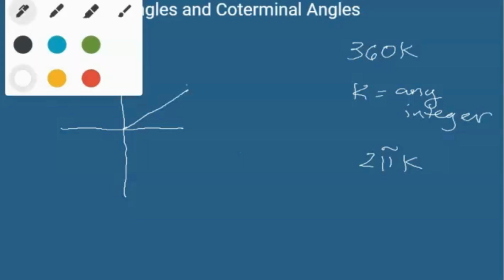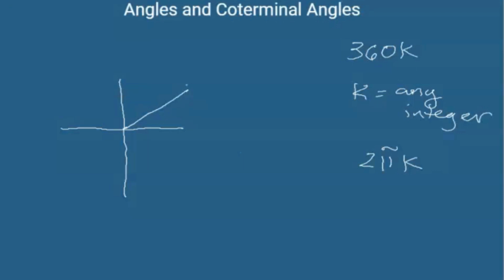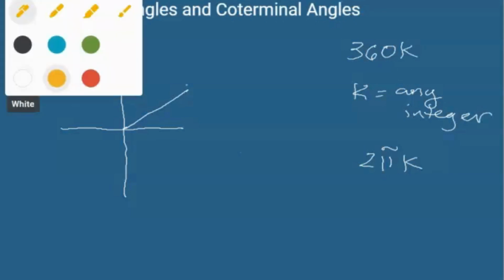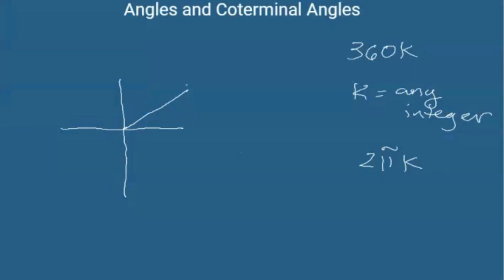Okay, let's use a different color. So this is 40 degrees. And to have a coterminal angle with 40, they should have the same terminal side. So this side.